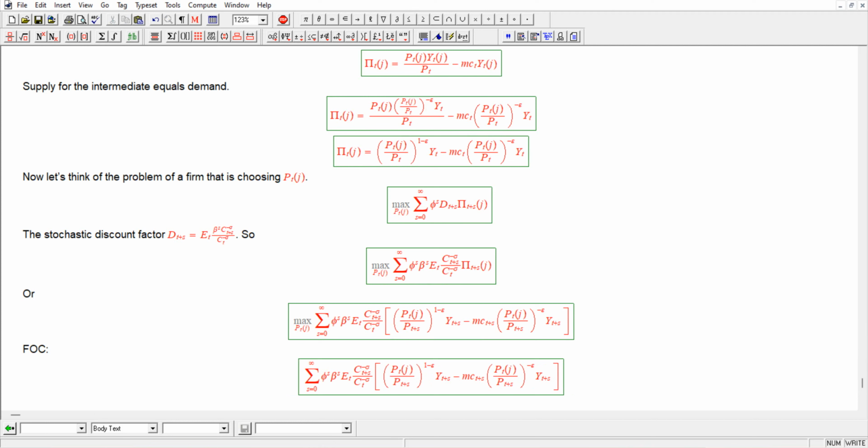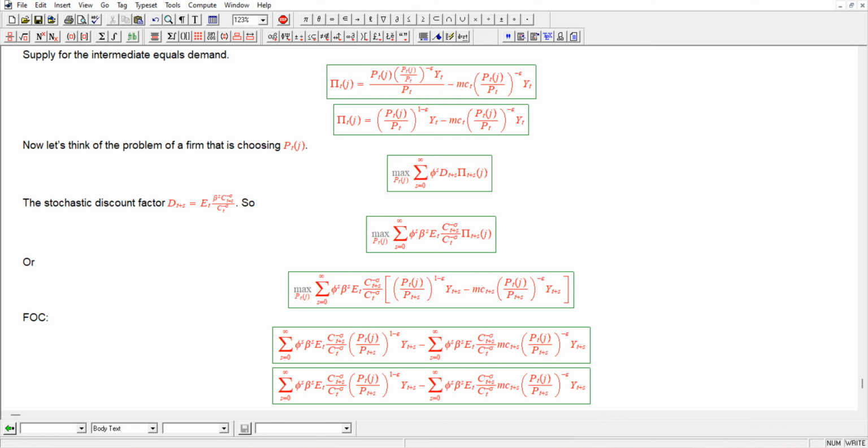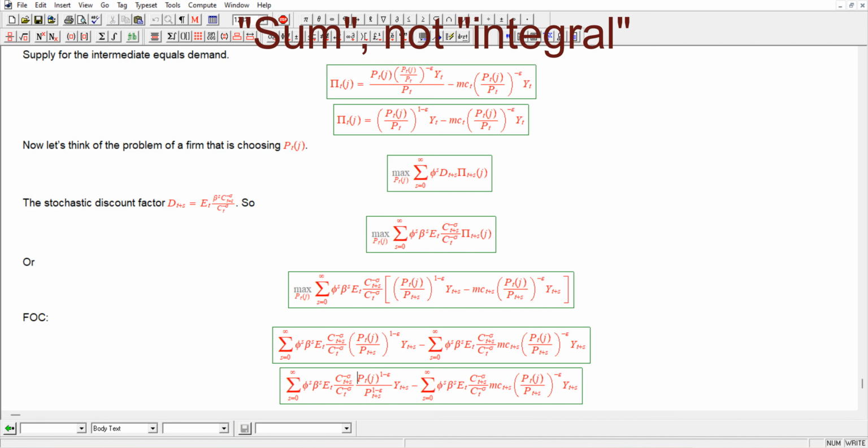So let's take the derivative of these terms. First, it will be easy to distribute the summation term across these two parts. And now, distributing the exponents between top and bottom here, it's clear that this is something that doesn't actually belong in the integral. We can take it out.